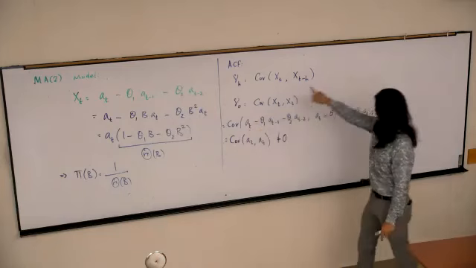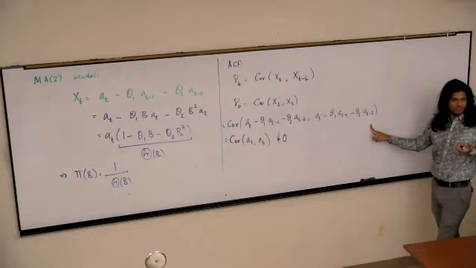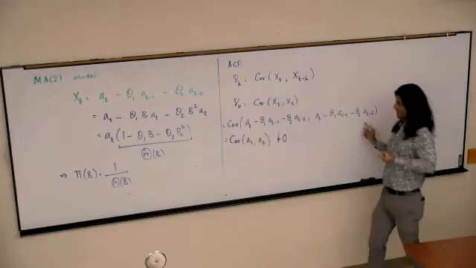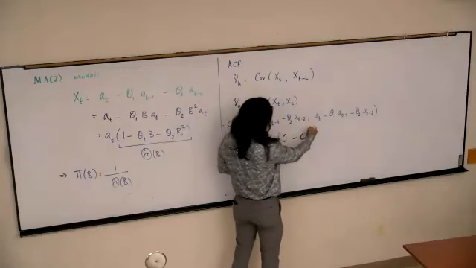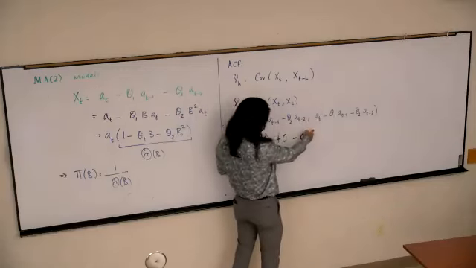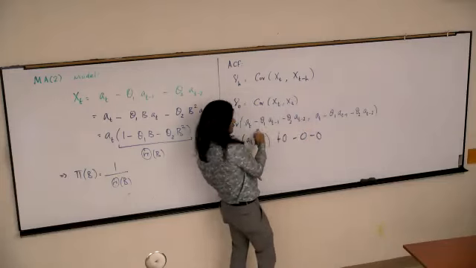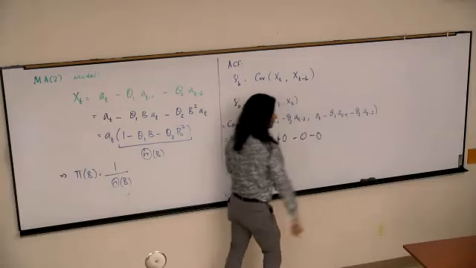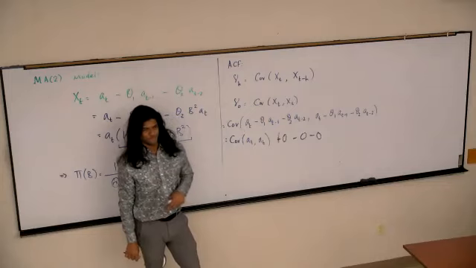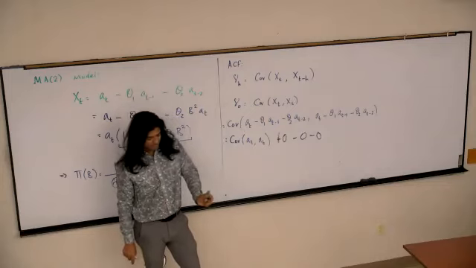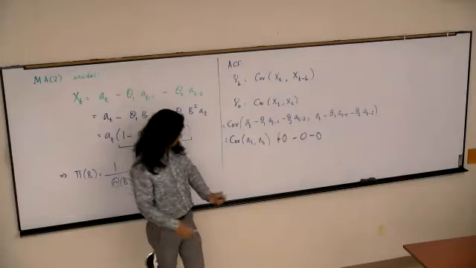What about a sub t and a sub t minus 2? Do you think that they would be related? No. So that's gone. What about a sub t minus 1 and a sub t? We've already established that: 0. What about a sub t minus 1 and a sub t minus 1? The random component at time t minus 1 is definitely correlated with itself.